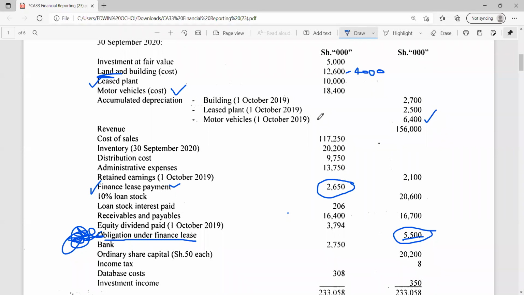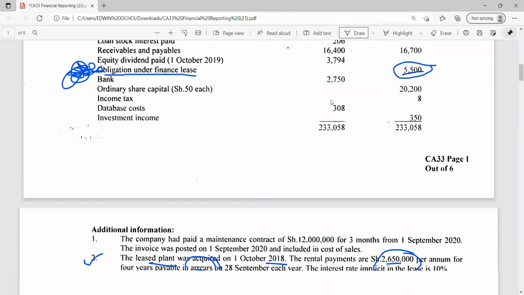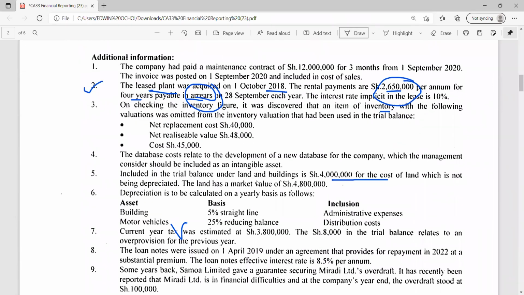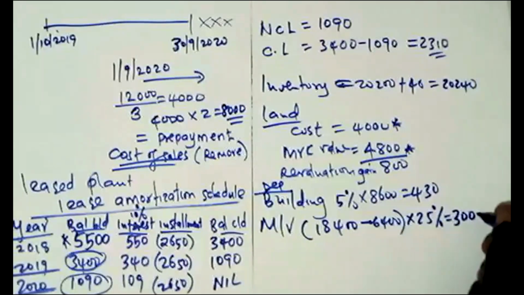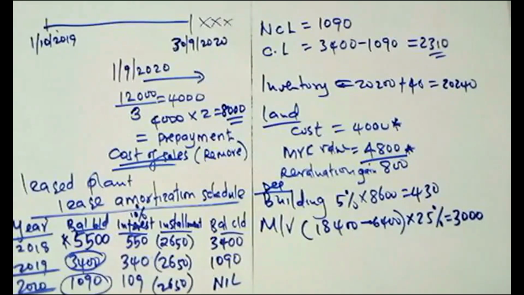Remember, we are doing depreciation. So 18,400 minus 6,400 gives 12,000. Times 25% is 3,000. So that 3,000, when I am doing my classification of expenses, will go to distribution.